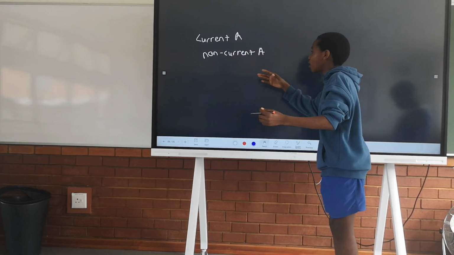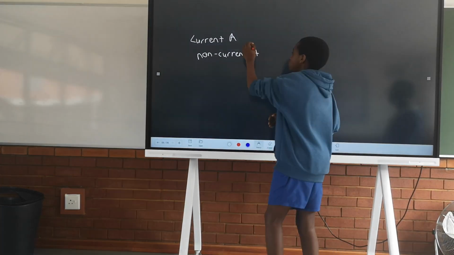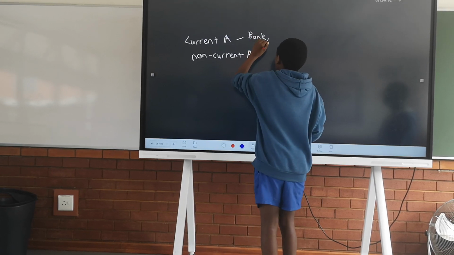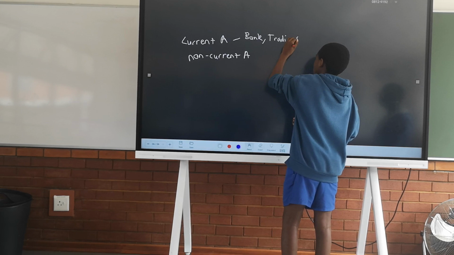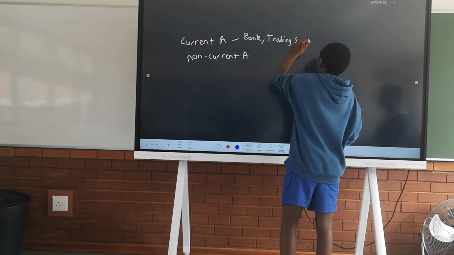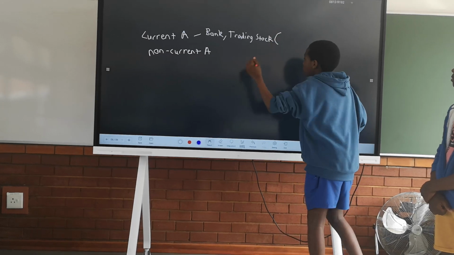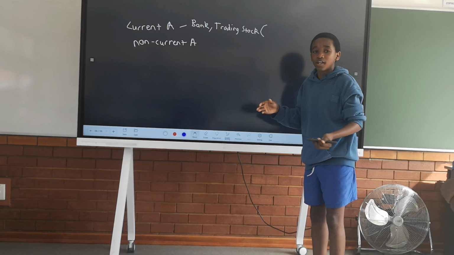Under our current assets are assets that can be easily converted into cash. Examples could be money at the bank and trading stock. But trading stock is provided if it's a retail business, because a service business will not have trading stock.